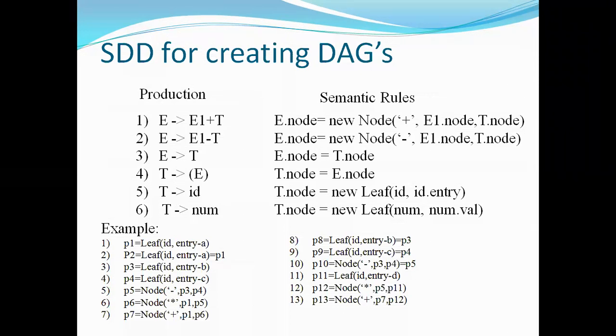Based on those functions, we write all the semantic rules for the corresponding production rules. And now in the example, by using the pointers P1 to P13, what I compute here is only the sequence of operations for the DAG. By using this sequence of operations, I can clearly represent a DAG.